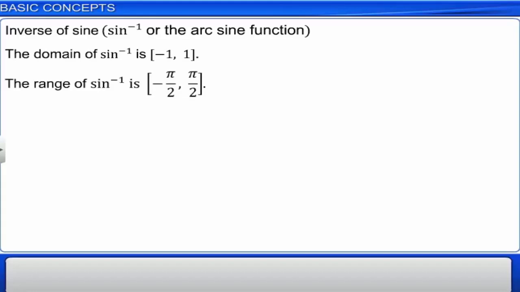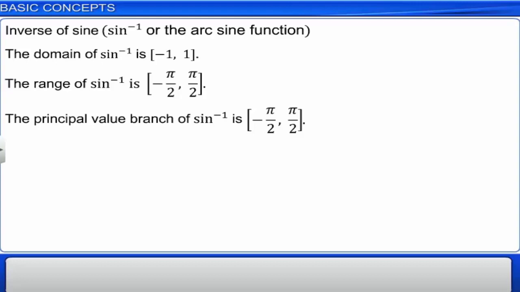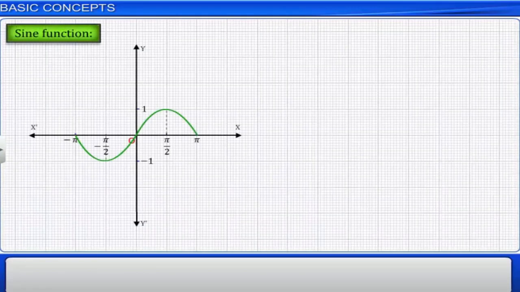The branch with the range -pi upon 2 to pi upon 2 is known as the principal value branch of the sine inverse function. Remember that if y is equal to sine inverse x, then sine y is equal to x. The graph of the sine inverse can be obtained by interchanging the x and y axes in the graph of the sine function.